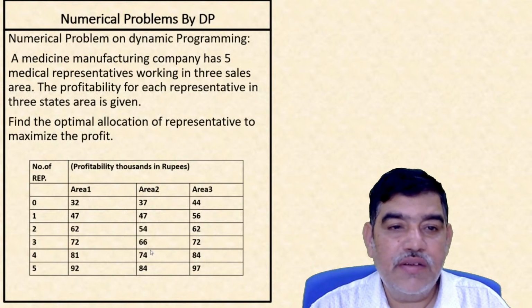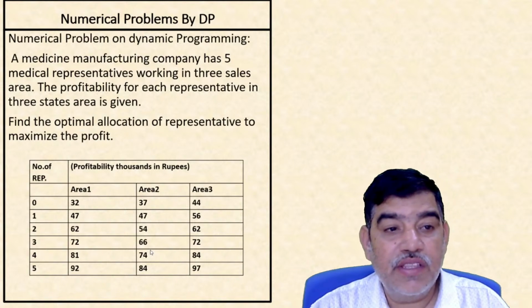The profitability for each representative in the 3 areas is given in tabular format.